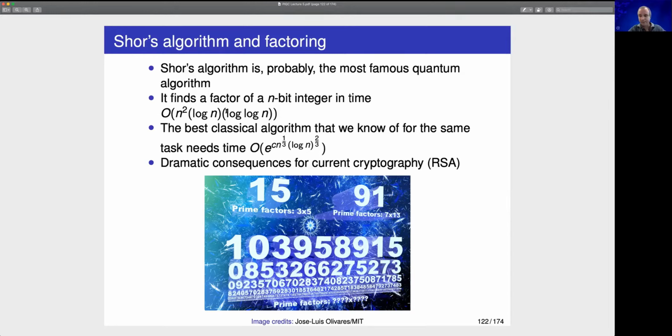This made the study of quantum computing very interesting because it can challenge our current cryptography methods, and it attracted a lot of attention to the field of quantum computing. Okay, so we are going to study how to factor integers with this algorithm.